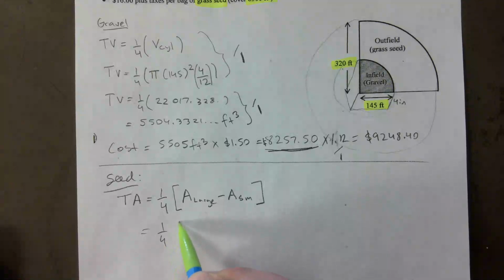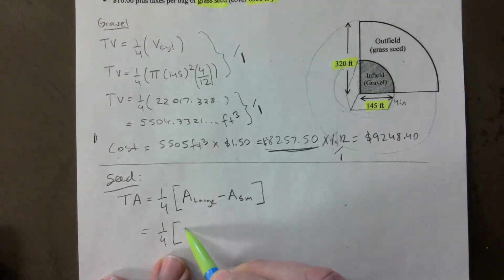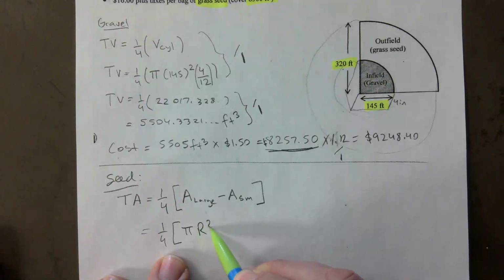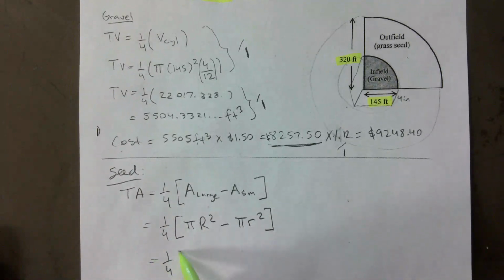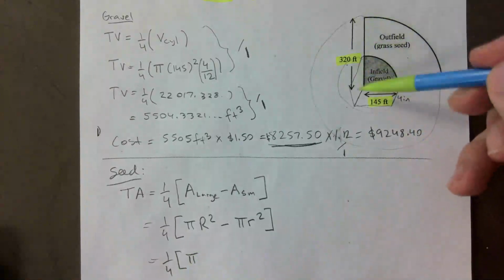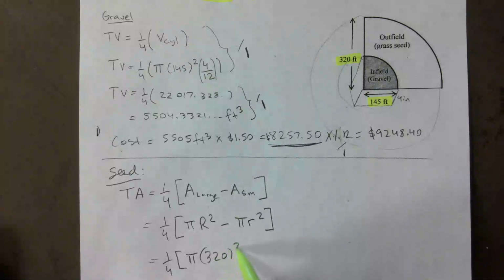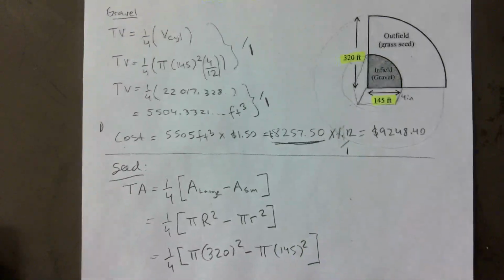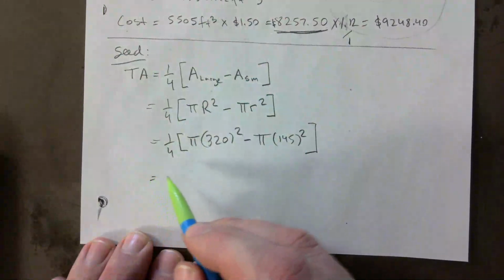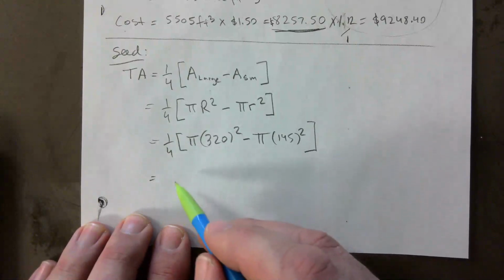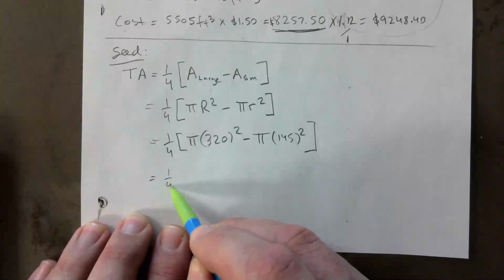So a quarter area of the large would be pi R squared minus pi r squared. I use capital and lowercase. So there we go. Pi, the radius of this one is 320. You square that, minus 145 squared. There you go. And then we clean it up. 1/4.